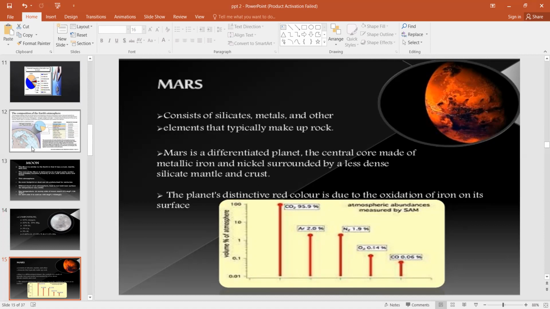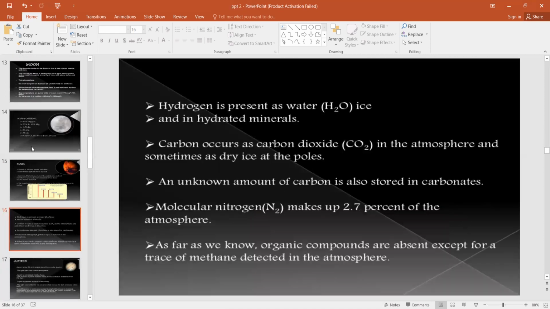Mars is red in color, and it is due to the oxidation of iron on its surface. On Mars, hydrogen is present as water, which is present in the form of ice and in hydrated minerals.